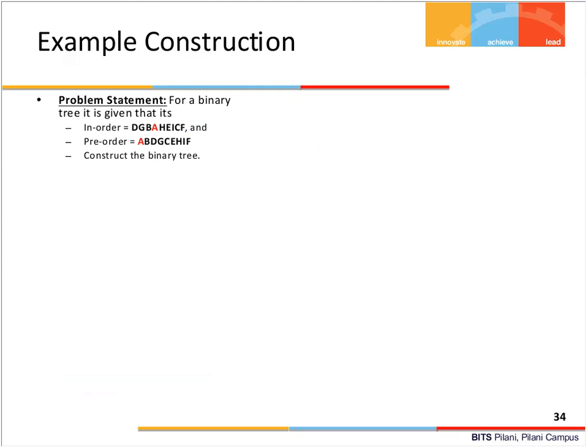As I mentioned in the beginning, in the in-order traversal, the root will come somewhere in the middle, right? And in the pre-order traversal, the root will be in the beginning, right? So I have highlighted that the root is definitely going to be A, and that is also highlighted in red color. That is an open secret which we can make out just by looking at the traversals, right?